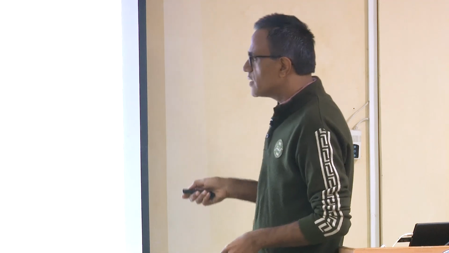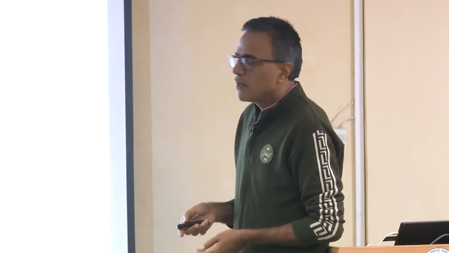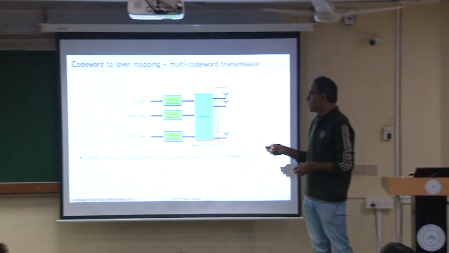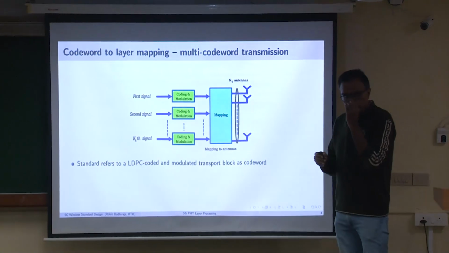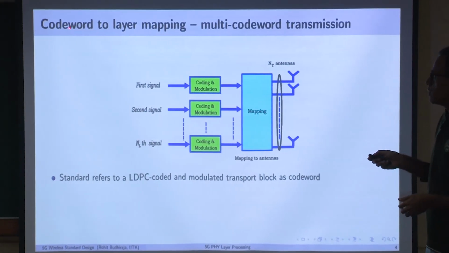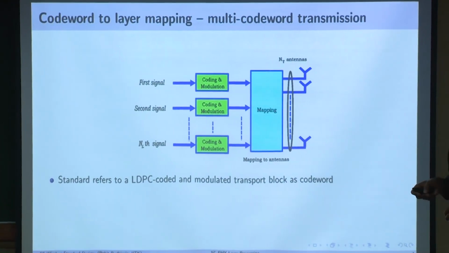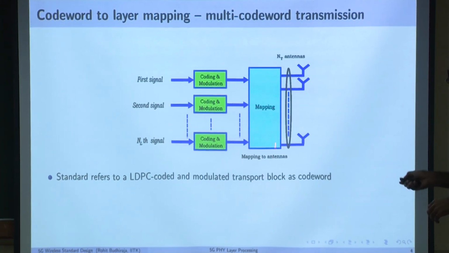So this is one part of it, but the more theoretical part is as follows. Let's say that we are talking about NL layers, and the code word to layer mapping. We looked at this mapping block.